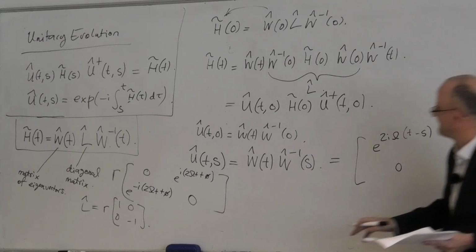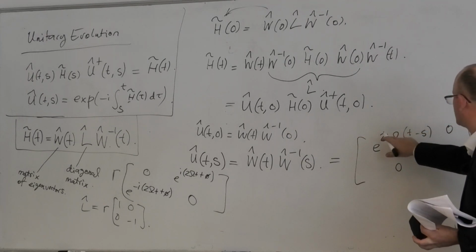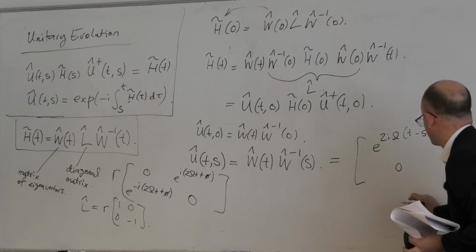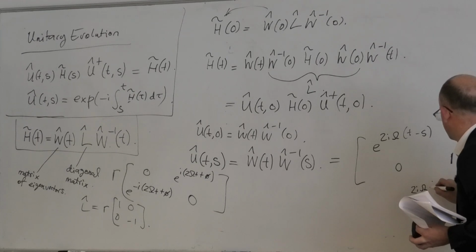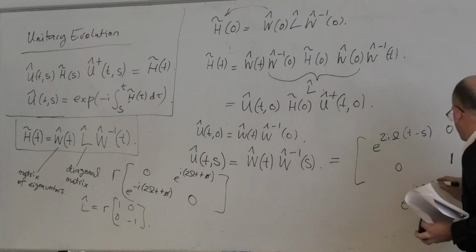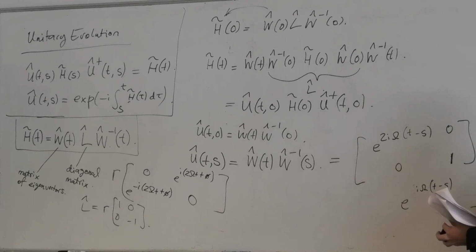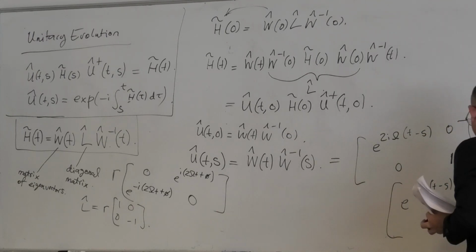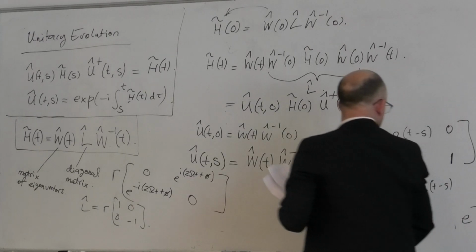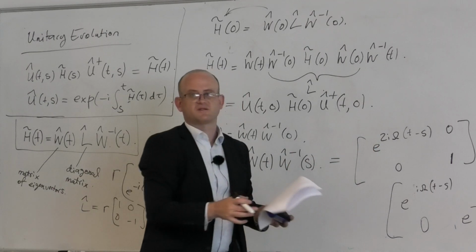We figured it out. If you're really tricky, you could potentially take out one of these exponential factors and you'll end up with something like e to the i omega (t minus s), e to the minus i omega (t minus s), all times some sort of phase factor outside. We'll just take the one that's exponentials out front.